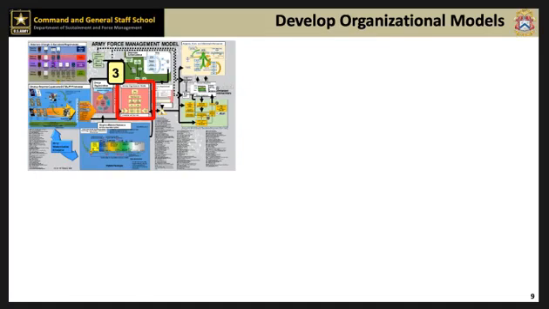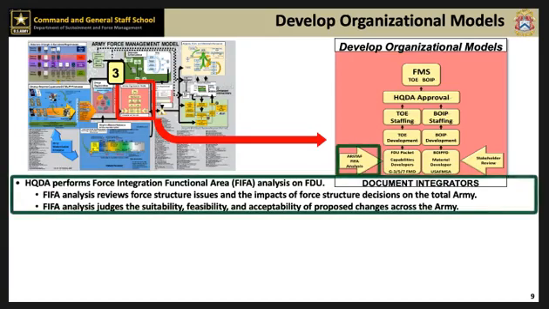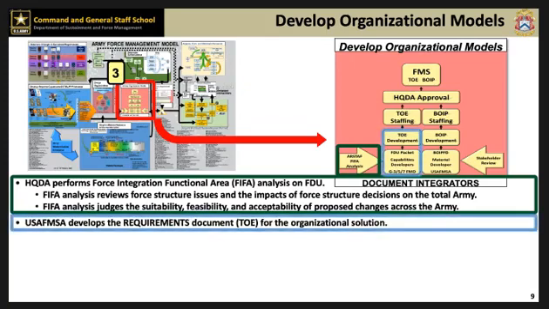Let's look at the next phase of Army Force Development. Develop organizational models. So the FDU is now analyzed by Headquarters DA. This process is called Force Integration Functional Area Analysis. The U.S. Army Force Management Support Agency, or USAFMSA, starts developing the Table of Organization and Equipment, or TOE.